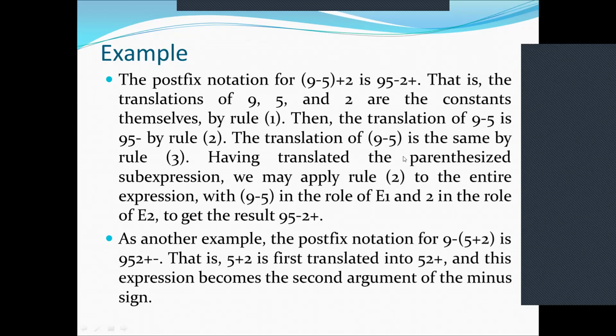Having translated the parenthesized sub-expression, we may apply rule 2 to the entire expression, with (9 - 5) in the role of E1 and 2 in the role of E2, to get 9 5 - 2 +.